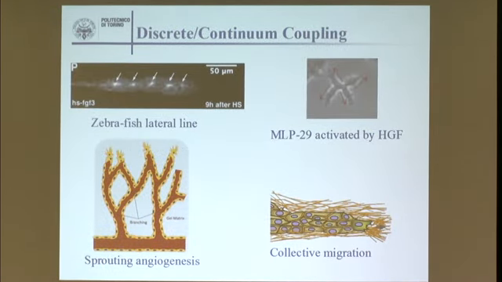Now let's go to trying to make a model that has to do with collective migration. So what is the problem here that we wanted to address? There are several situations in biology in which there is an ensemble of cells with some differentiated cells, and you need to take into account their different behavior.